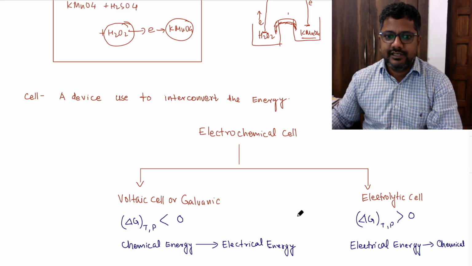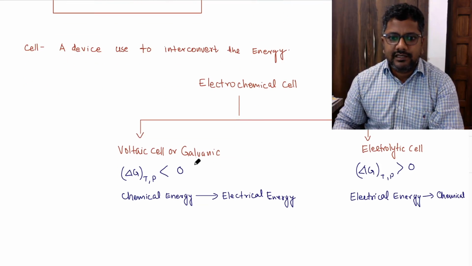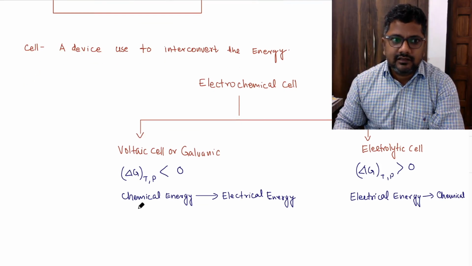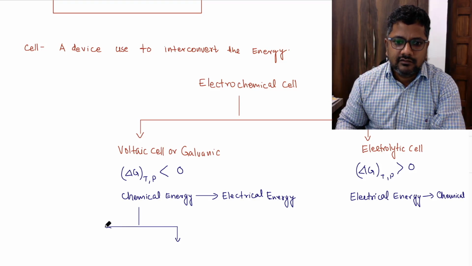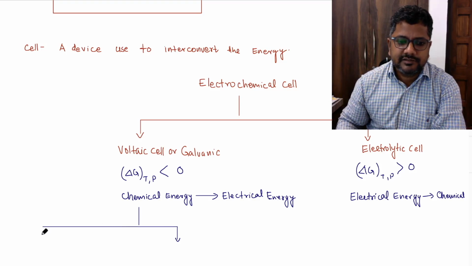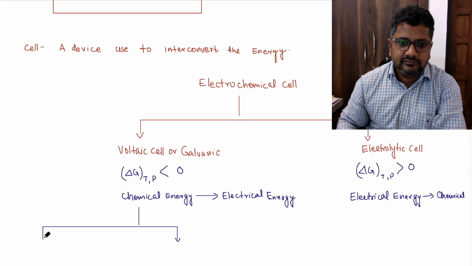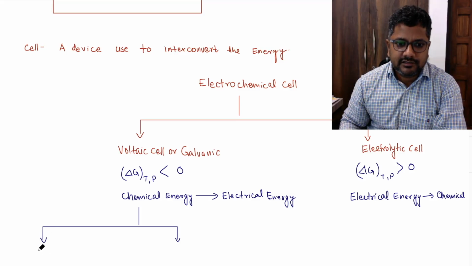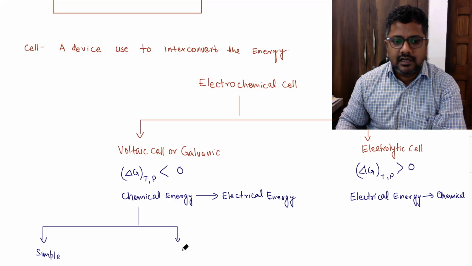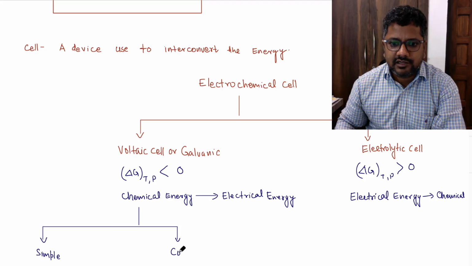So this voltaic cell or galvanic cell is further divided into two parts. One is the simple voltaic cell, and the other is the concentration cell.